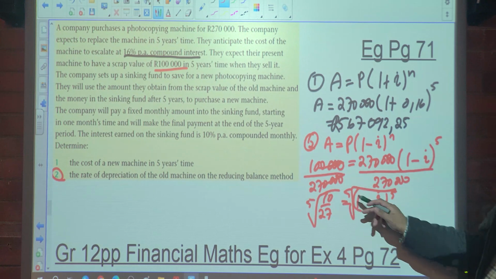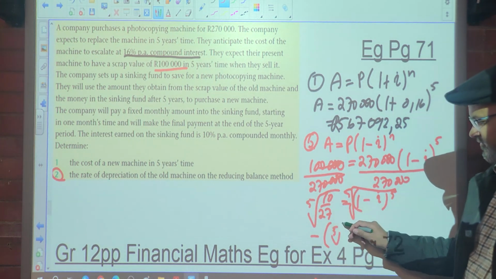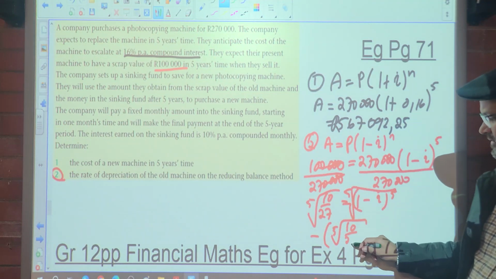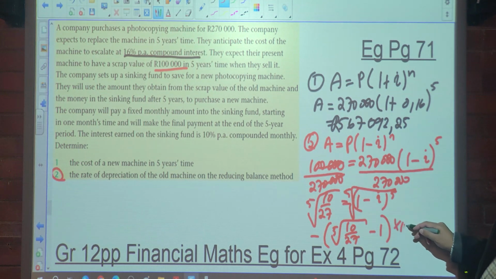So of course I take the fifth root both sides. And then I subtract 1 and then I multiply by negative. So it's negative the fifth root of 10 over 27 minus 1, and then I multiply it by 100 to get the rate.